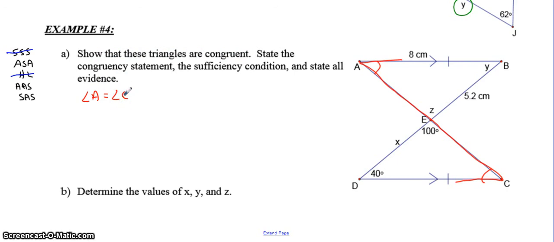Angle A is equal to angle C because of the Z pattern. And you have another Z pattern going the other way. So angle B is equal to angle D, again because of the Z pattern.